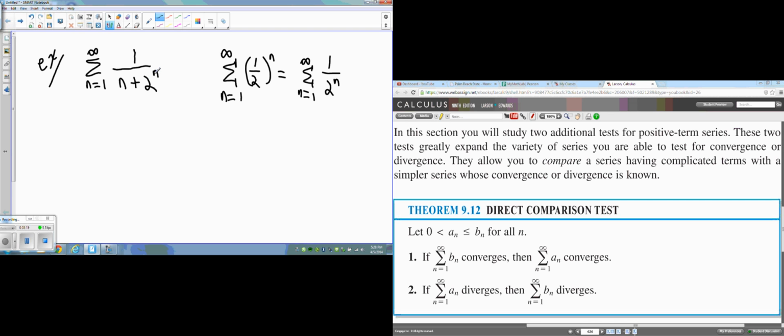In order to prove anything there, I'd have to be able to compare this to the harmonic series by saying that the harmonic series would always be smaller than this, and I'm not sure if that's true. So I'm going to go this route. I'm going to prove that term-wise, this series is always going to be smaller than this series.